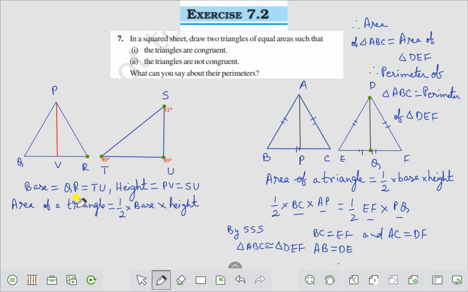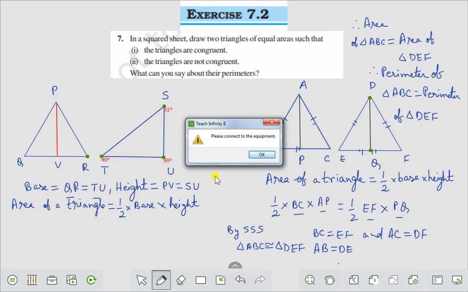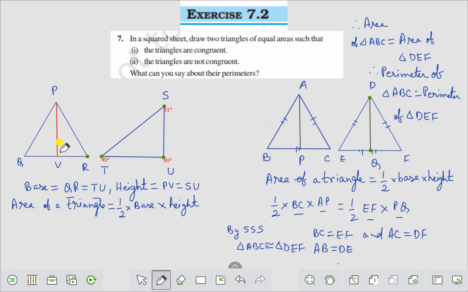Now here you see the base is same. In this case, half base, QR is equal to TU, and height is also same. Here you have taken PV equal to SU. Therefore, the area of this triangle is half into QR into PV, and the area of this triangle is half into TU into SU. And you see these are same. Therefore the area of this triangle is equal to the area of this triangle.